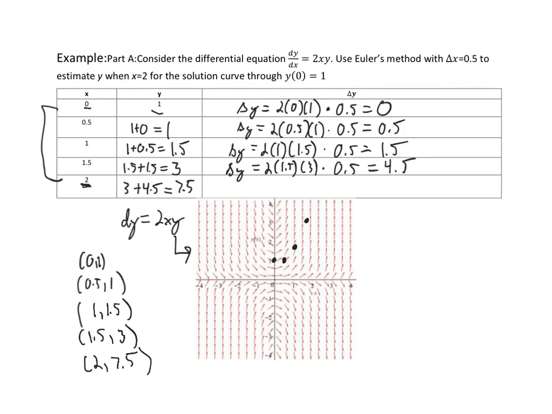And the next point would be (2, 7.5), so somewhere way up in here. If you notice, look at how that graph actually follows those arrows. So Euler's method is following the slopes in our field. And if we wanted to just complete this sketch, we would probably say it looks something kind of like this.